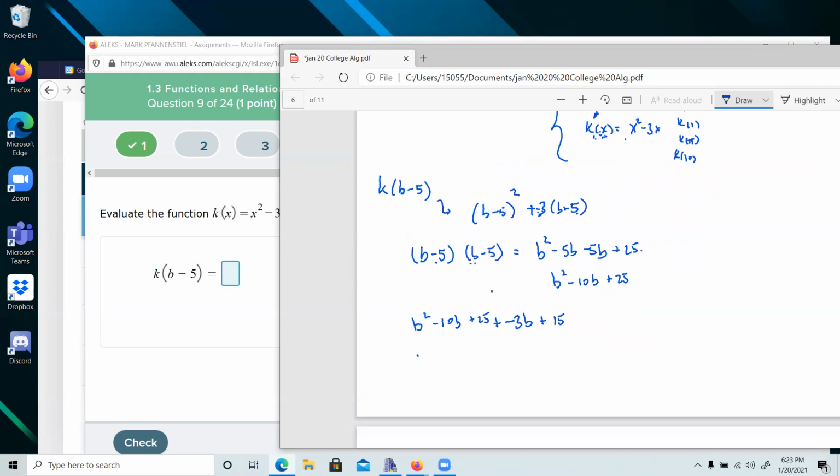So to simplify this down, we have a 1b squared. We have minus 10b and minus 3b, so that's minus 13b. And we have 25 and 15, and I think that's going to give me 40. That's the answer they're looking for.